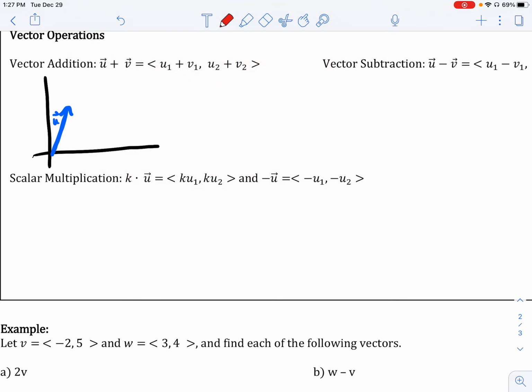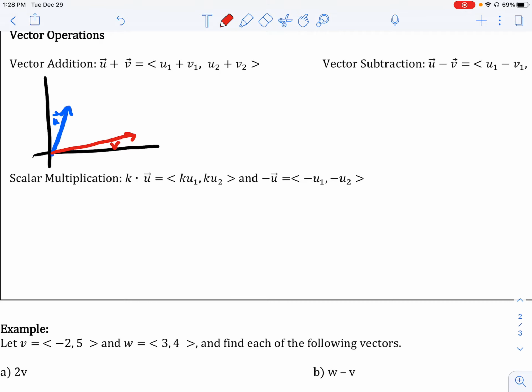And vector v, let's do this in a different color, something like this, vector v. If I were to add vector u and v together, to find the resultant vector we can just add the x components, add the y components, and we will get our resultant vector.